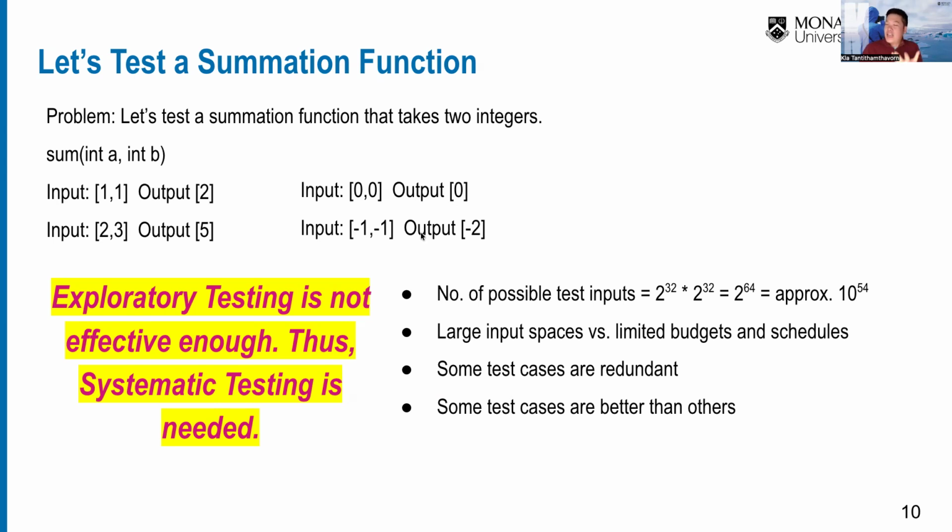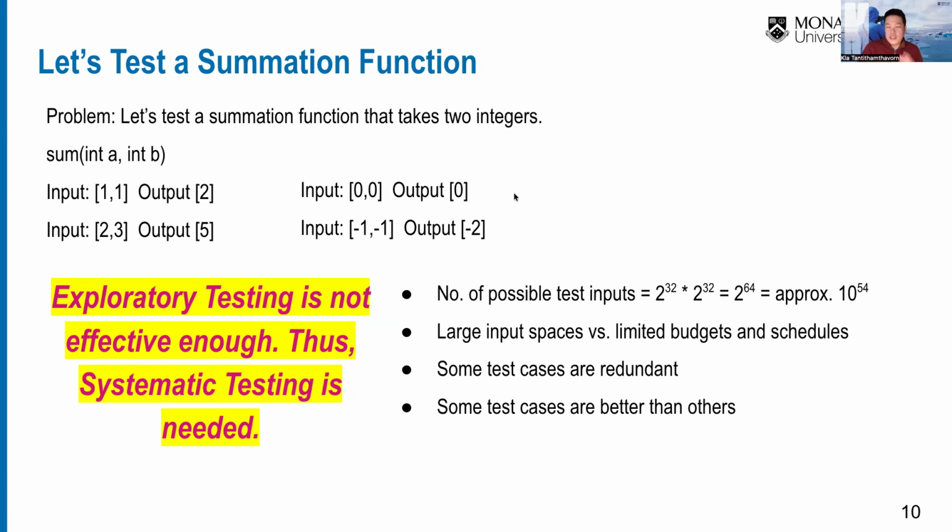When you come up with this kind of test cases, we call it exploratory testing. We didn't apply systematic or domain knowledge about which values we should really test. Or some student may come up with other test cases, like 10 plus 10 equals 20, 20 plus 20 equals 40.